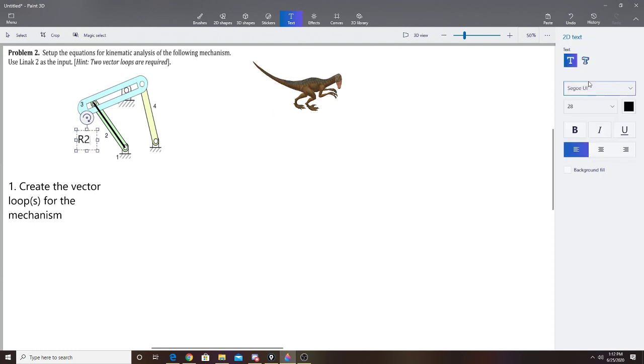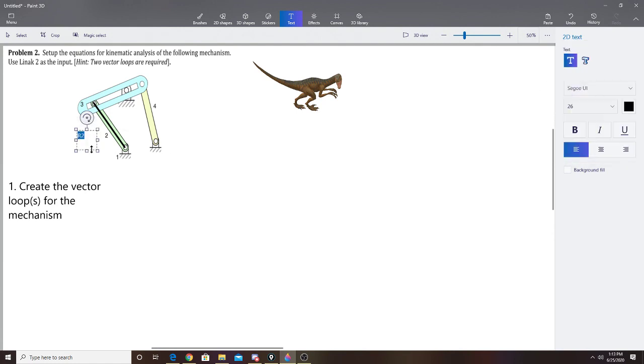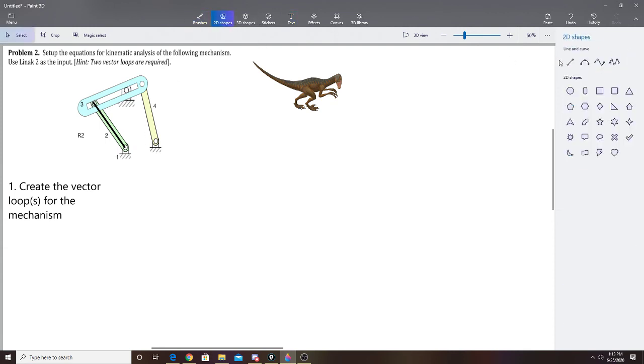Although that is a really big R2, so we're gonna turn that down a notch. So R2 is right there, right? So I think everyone's pretty comfortable with that, right? Essentially, if you have a revolute link, which is what this is, essentially you have a revolute joint here, but this is a slider, but it's pinned on the other side, right? So essentially it's the same thing as the revolute link. So you just draw from one end to the other. No harm, no foul there.